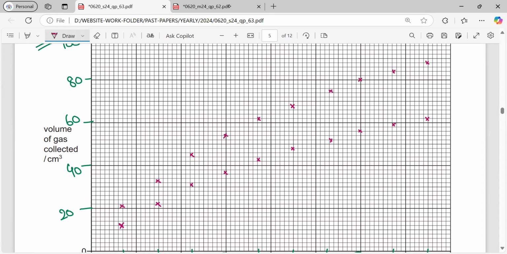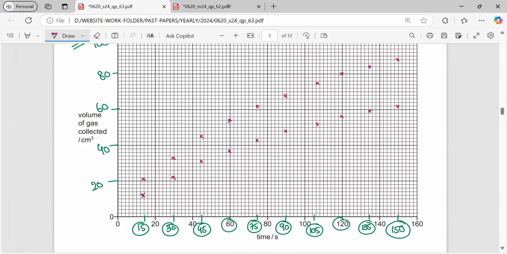Here you go. So we got a graph like this. Now we have to draw the line of best fit. In the rate of reaction, we actually get a curve, but here we'll draw the line. But here I'm just drawing randomly.